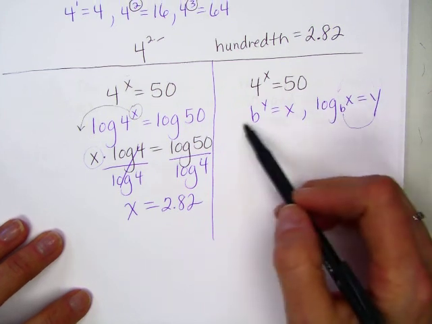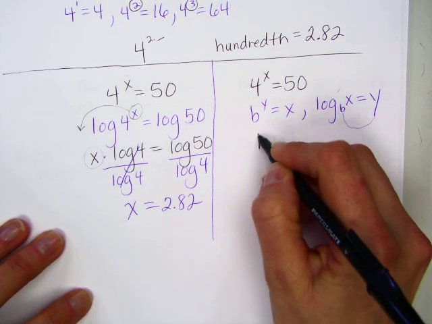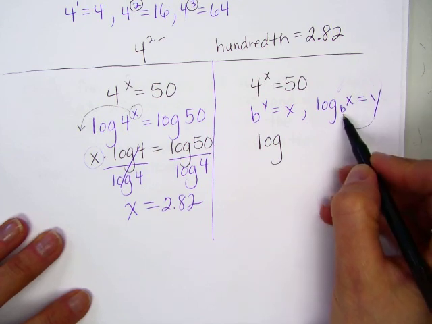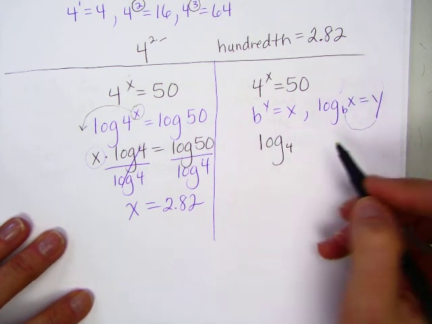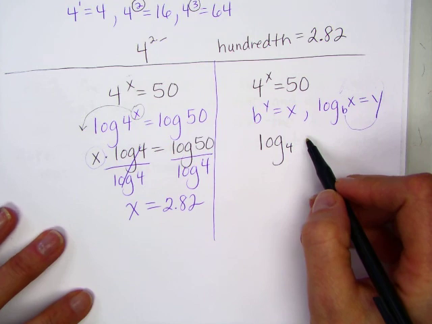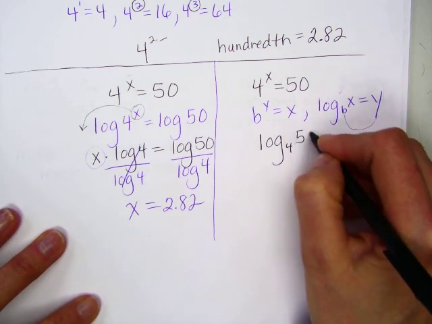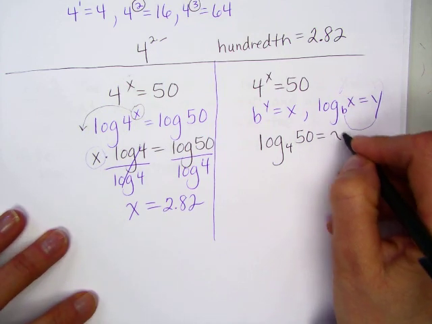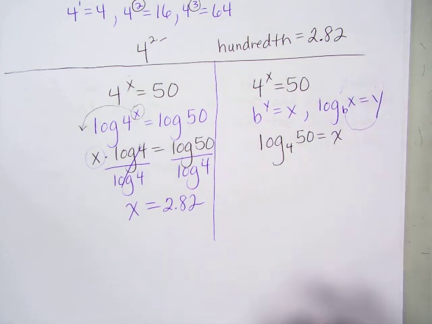So when I unwind it and write it as a log, it would be log base, help me out, what goes in place of b? 4. Of, help me out, what goes in place of x? 50. Equals, what goes in place of y? X. All right, again, as weird as that seems.